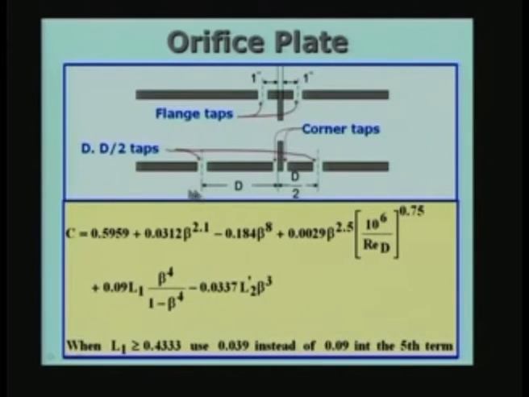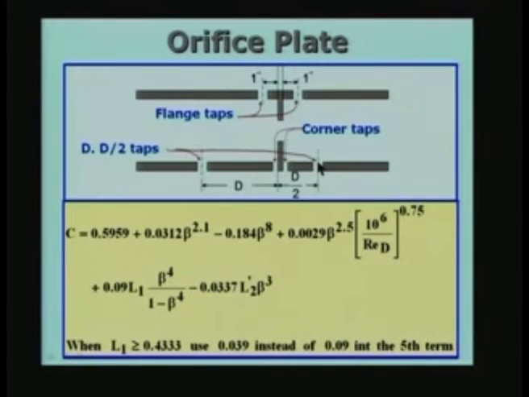The second one is referred to as the D and D/2 taps. The first tap, the upstream tap, is at a distance of D from the orifice, and the second tap is D/2 from the orifice as is shown here. So this is one and this is two.